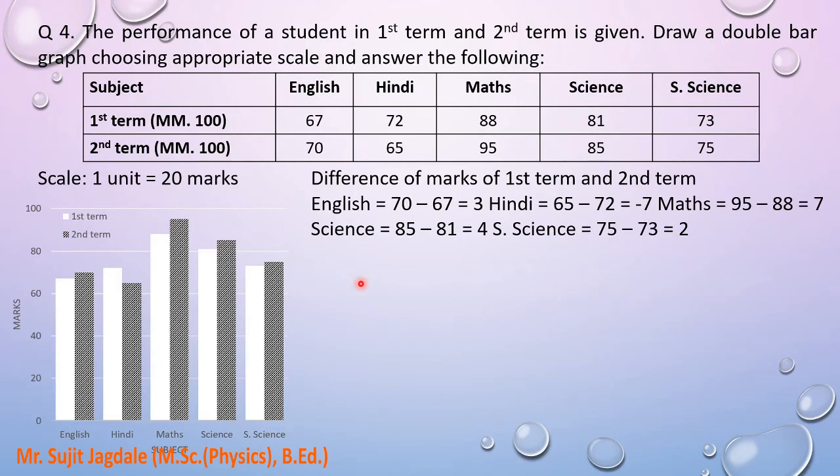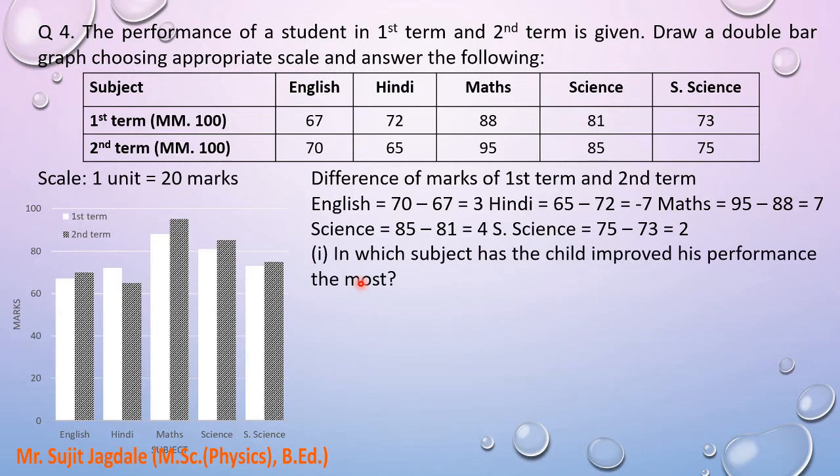Okay, now we will see the questions, how many questions are given and which type of questions are given. Now, in which subject has the child improved his performance the most? That is the first question. So how to find out that he improved most? That difference should be larger.